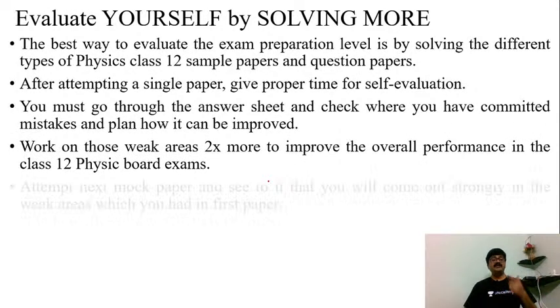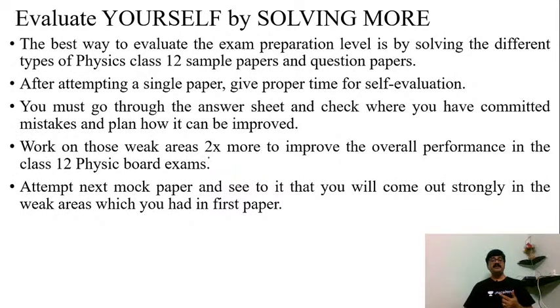While preparing your weak areas, you should prepare two times more. Attempt the next mock paper and see that you come out strongly in the weak areas you had in the first paper. Likewise, keep on improving your weakness. Let it become your strength.